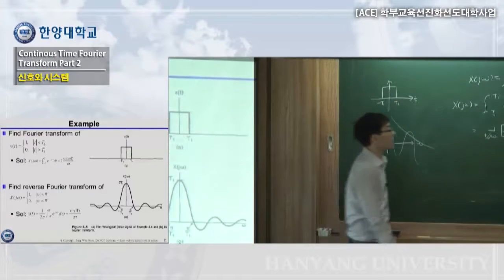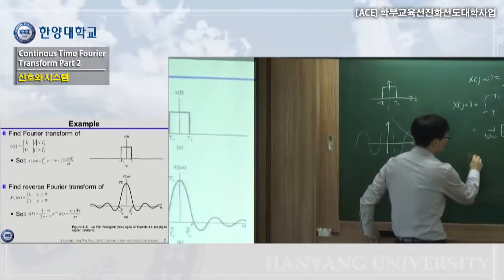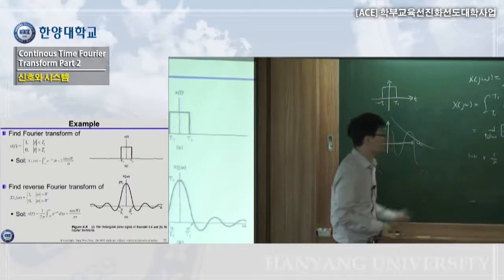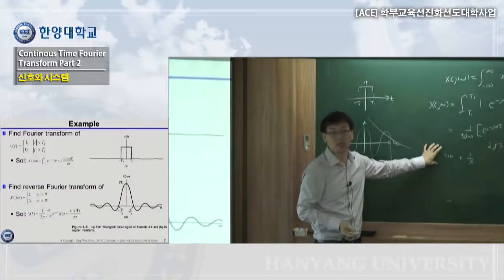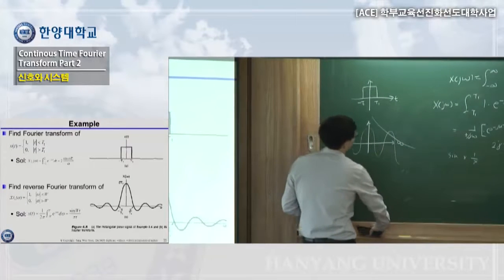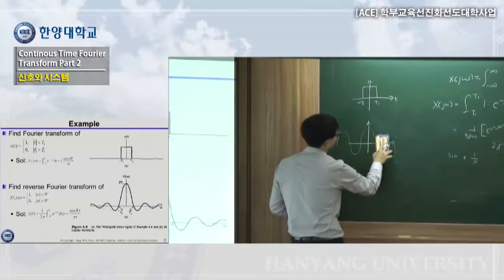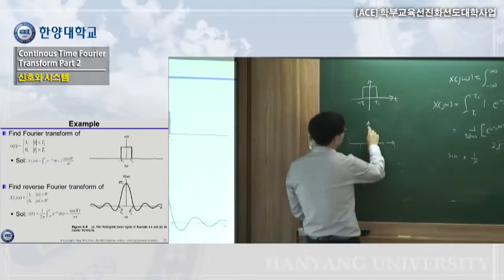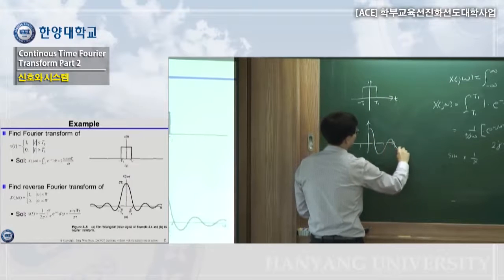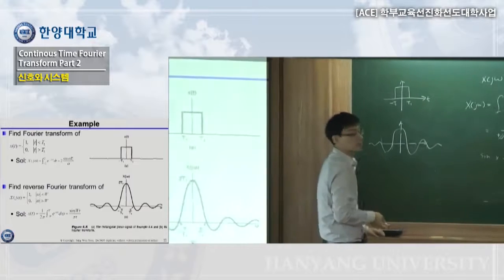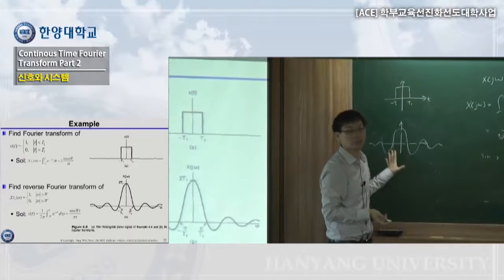So we can consider it as sine times 1 over x. The amplitude of the sine keeps on decaying as our frequency goes higher. In short, it looks like a sine because it is oscillating, but it decays as frequency goes. So this is a sinc function.